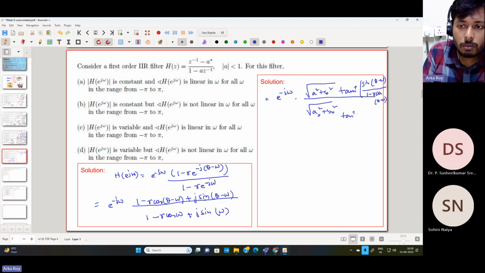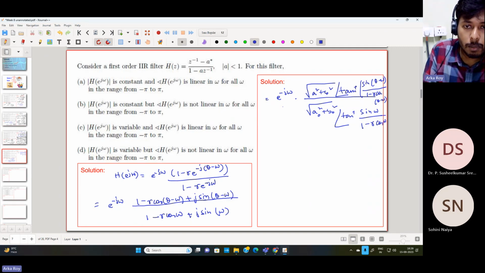And over here, this is angle tan inverse, so I can write it as sine omega divided by 1 minus r cos omega. So from this particular area, we were getting the value minus omega.